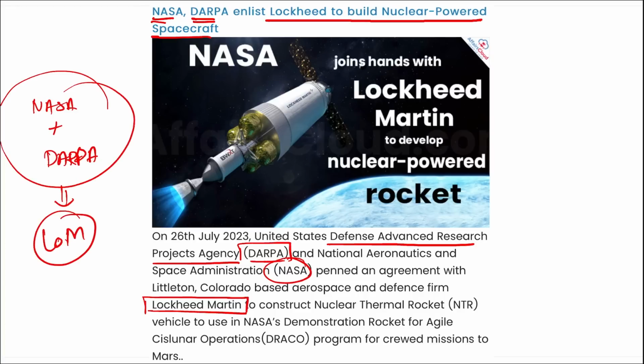Right? And this Lockheed Martin company will be constructing a nuclear thermal rocket engine that will be used in spacecraft. Correct? And they are jointly planning to launch this nuclear powered spacecraft as soon as 2027. Right? And this engine will be using nuclear fission. Remember this also. Correct?